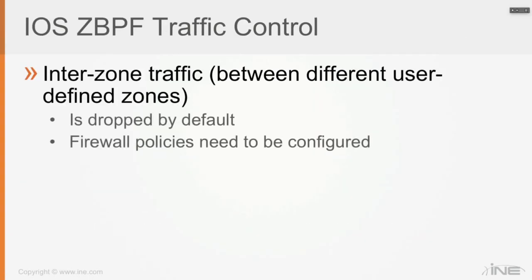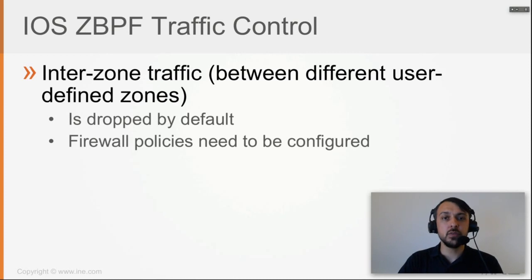And of course, finally, inter-zone traffic, so traffic flowing between different zones, is dropped by default, because if you don't configure any firewall policies between zones, traffic is dropped by default, and it makes sense because this is the scope of actually building the zone-based policy firewall.